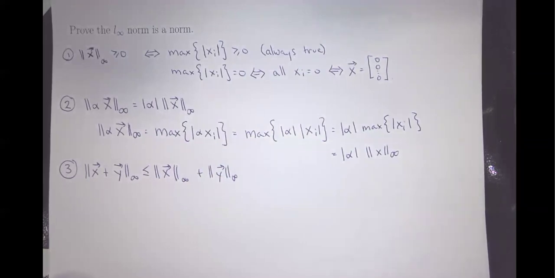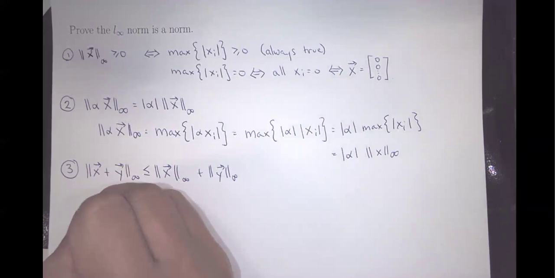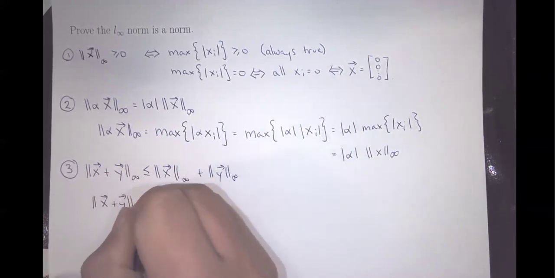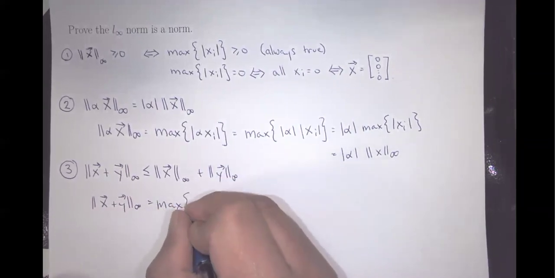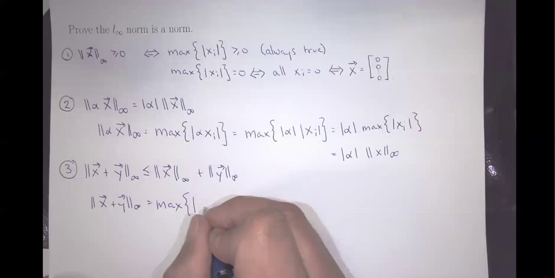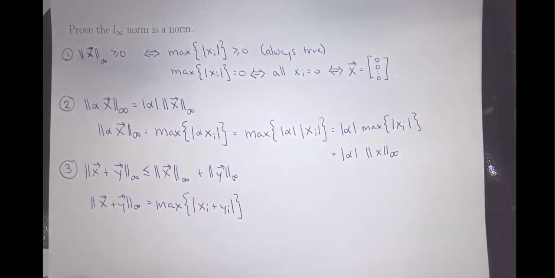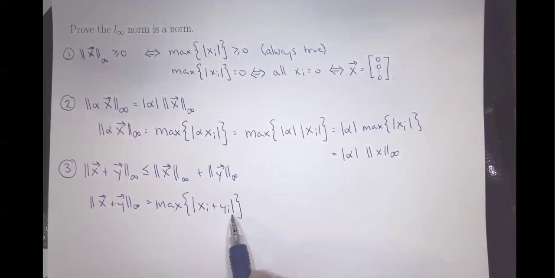Okay, well, the max norm for x plus y is equal to the maximum value of the absolute value of xi plus yi. So we're looking at the largest absolute sum.